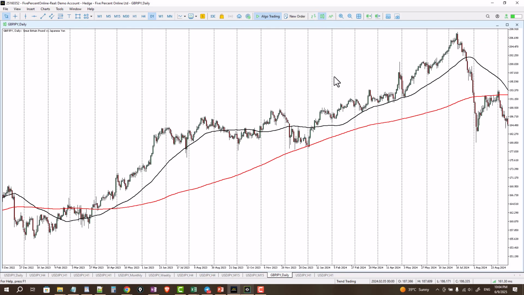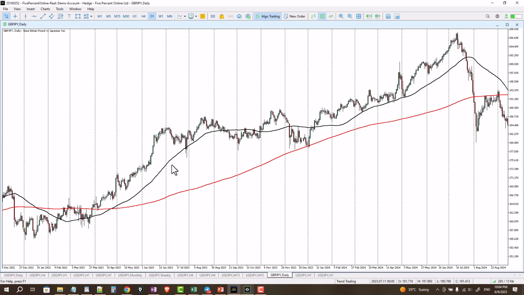So if you're using the daily time frame that we're using for this particular example, when we say 50 period, this simply means that you're taking the last 50 candles, that's the last 50 days, and using them for your calculation of the moving average.